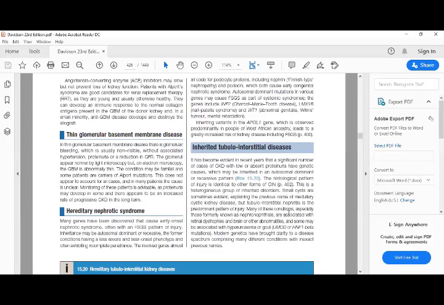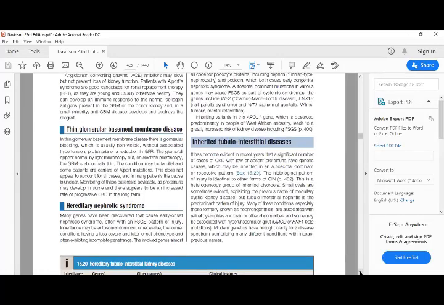Many of these conditions, especially those formerly known as nephronophthisis, are associated with retinal dystrophies and brain and other abnormalities, and some may be associated with hyperuricemia or gout. Modern genetics have brought clarity to a disease spectrum comprising many different conditions with inexact previous names.